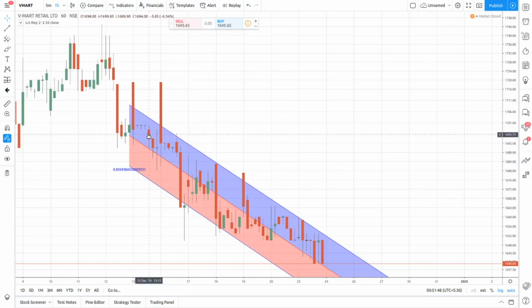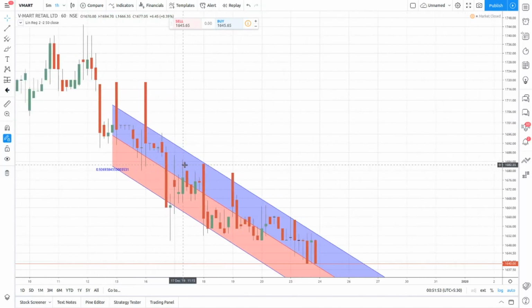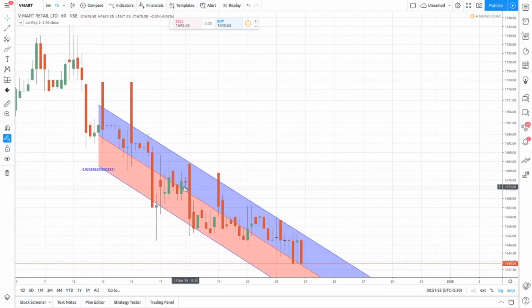In the case of VMart, this trend line indicates a bearish trend. If you are trading within the channel itself, the upper part and the bottom part, and the price is falling and you trade with the trend, the leg is longer. But if you're trading against it, it's much shorter.